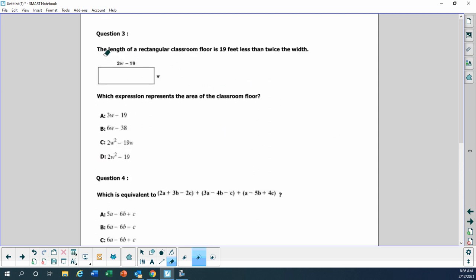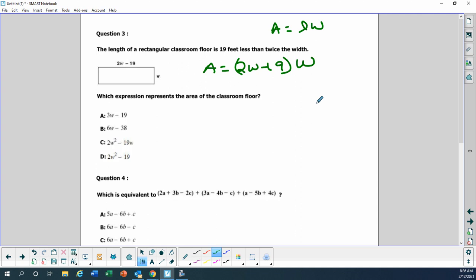All right, for number 3, it's asking: the length of a rectangular classroom floor is 19 feet less than twice the width. So they already put the equation in there for you. Which expression represents the area of the classroom? Area of a rectangle is length times width. So the area is going to be length, which is 2w minus 19, times the width, which is w.